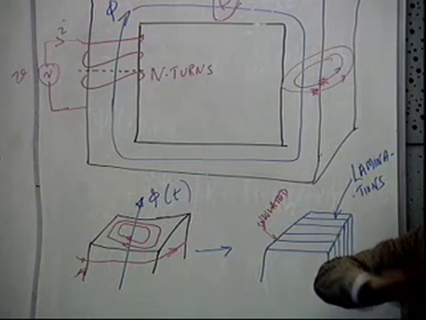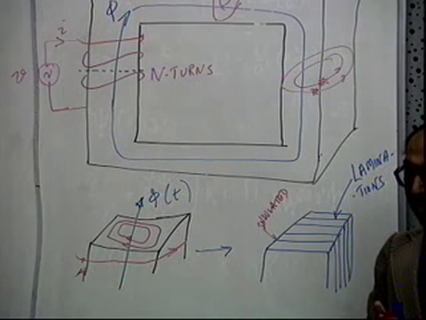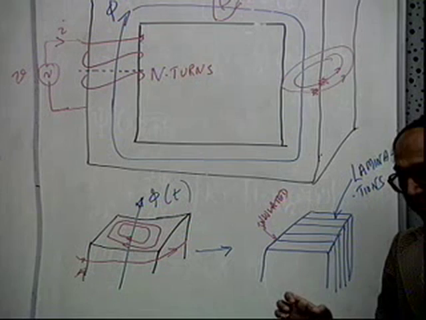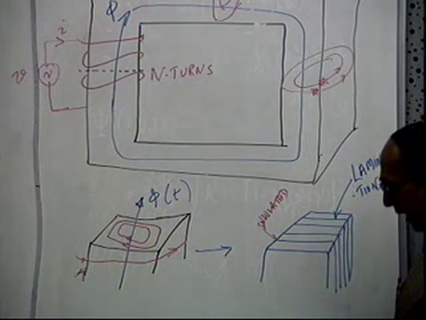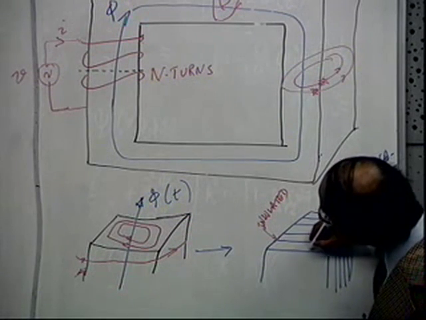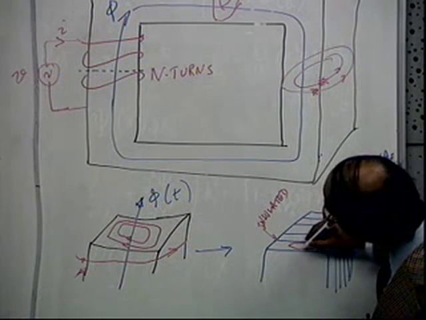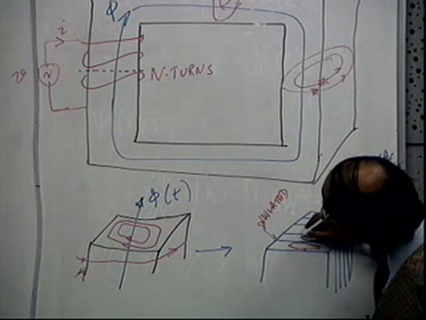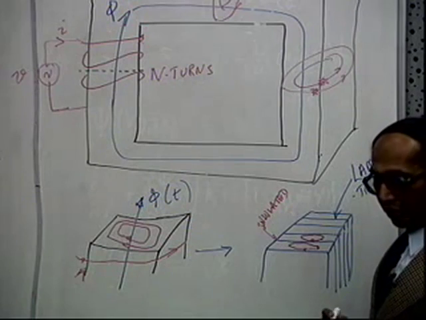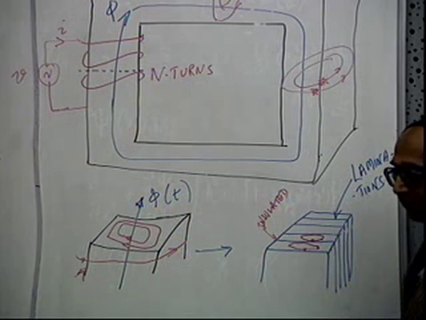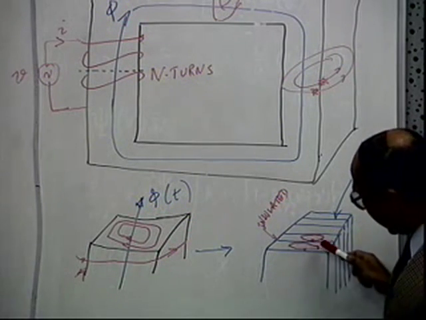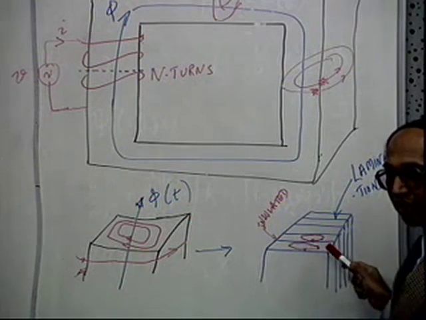That means they are coated with insulating material, so that even when you stack them, it doesn't form an electrical short circuit. Therefore, instead of currents going like this, you would expect the current just goes like this. So this will give each one a longer length.